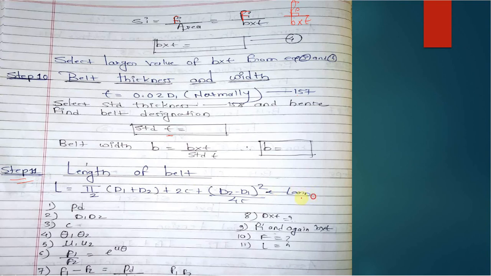Step number 11, length of the belt. Here you should remember this formula because it is not given in the design data book. Here the design procedure ends.